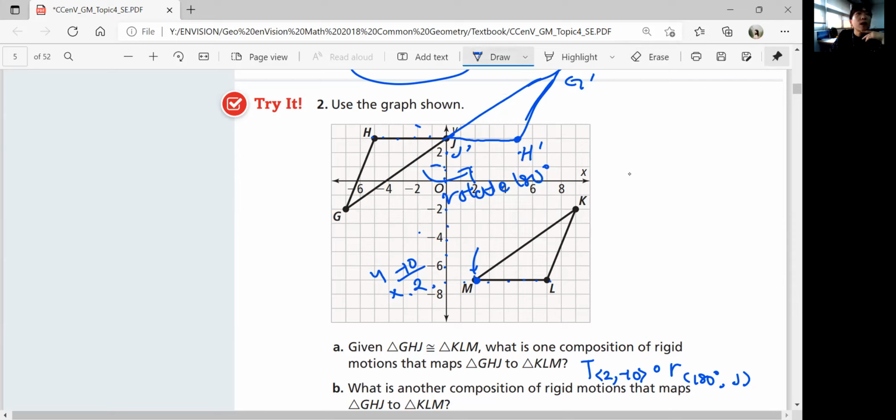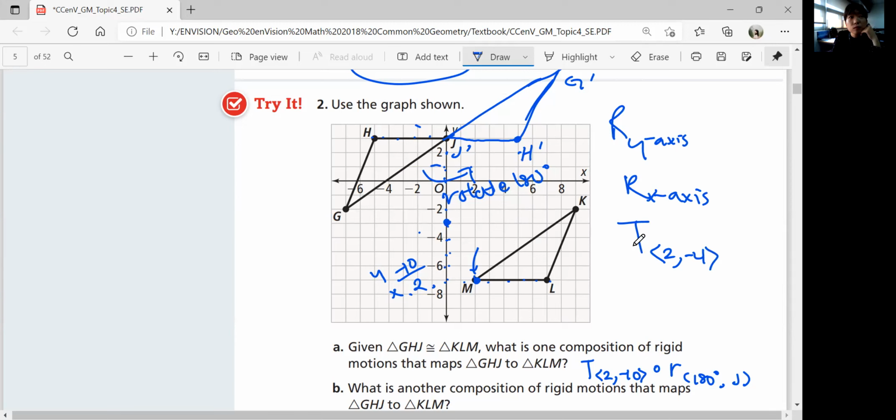Okay, so you can reflect on the y-axis, and then you can reflect on the x-axis, and then you can translate 2 units to the right, 1, 2, 3, 4 units down.